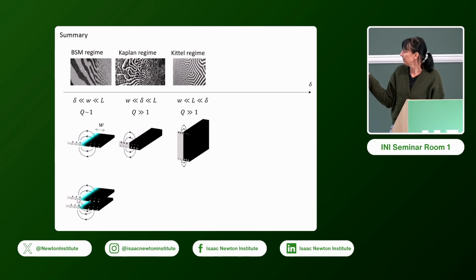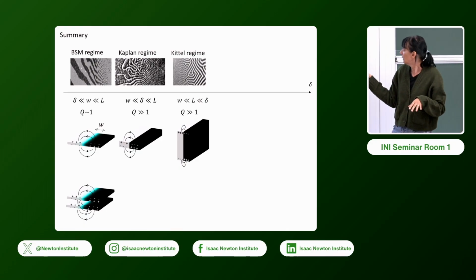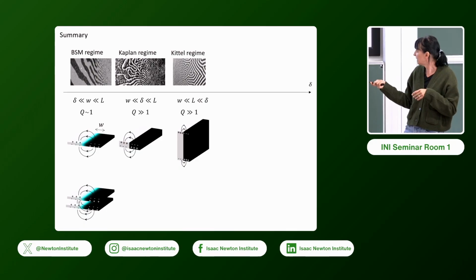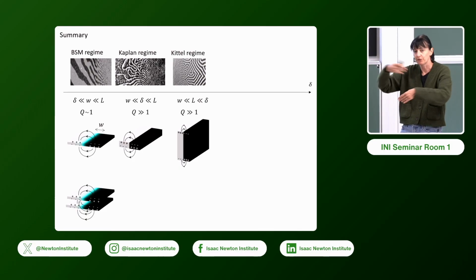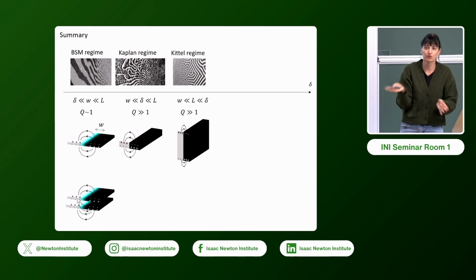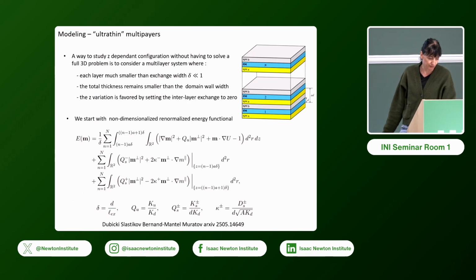And one thing is to take 2 of these layers to remain in this regime of ultra-thin film, but we are going to cut the exchange to give some freedom for the wall rotation to do whatever it wants. And we're going to see what it's going to do with the stray field.